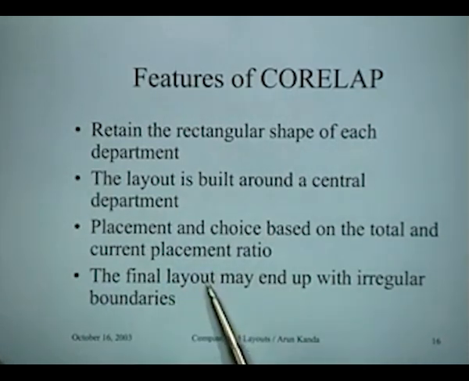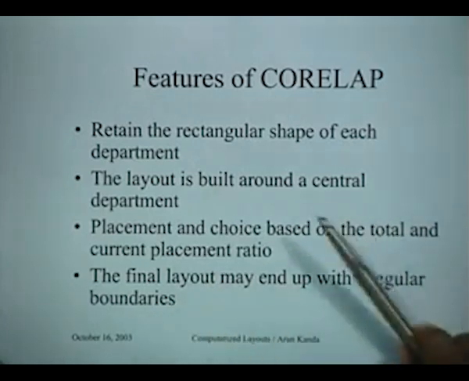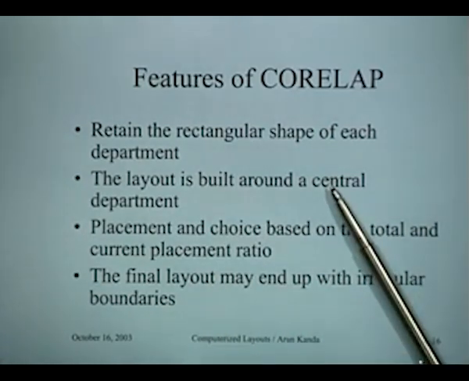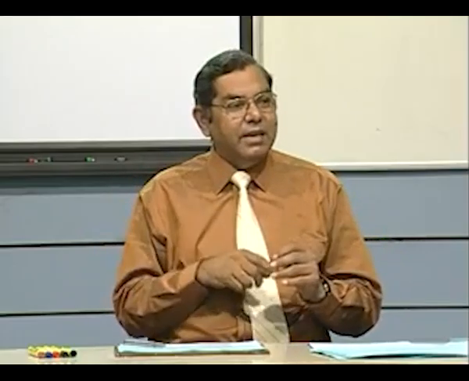The final layout in this case also may end up with irregular boundaries, because even if you start with a rectangular department and place another one, and another one, ultimately there is no guarantee that the boundary of the whole thing will be rectangular. So at least you have rectangular departments, but irregular boundaries could result.